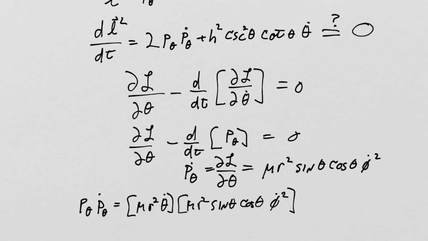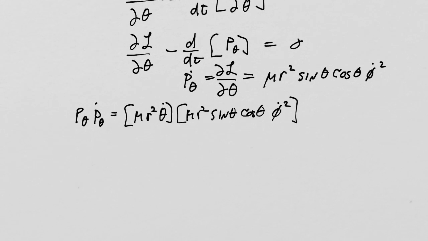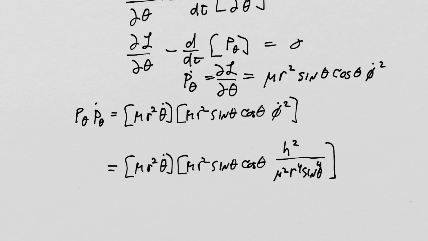That's what this first factor is equal to. It's equal to this thing. And now, as ever, we look at this and we make the substitution from the constant of the motion. And this is that.